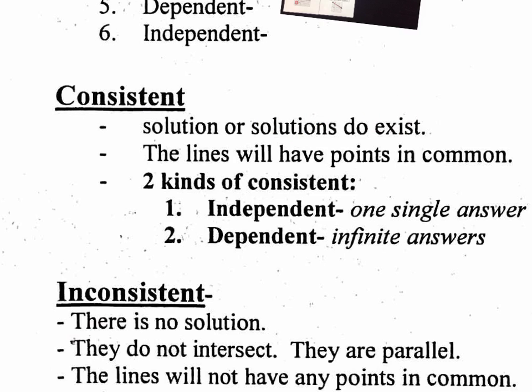They do exist. If you were to graph both equations, the lines will have a point in common. They might have one point in common, one single answer, if it's independent, or they might have an infinite amount of answers if the lines are the same, because you have an infinite amount of points in common. That's where you would call it a consistent dependent.